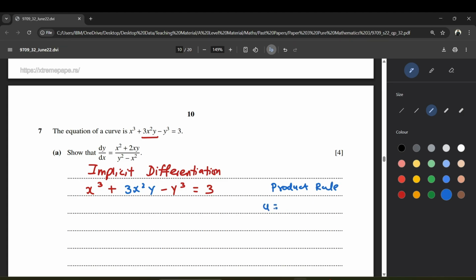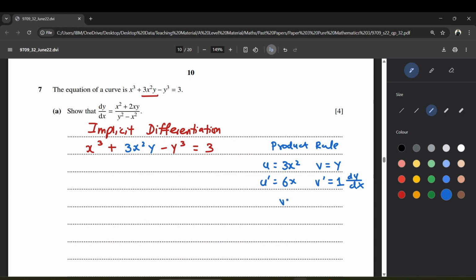Let's say that u is equal to 3x squared and v is equal to y. So u dash will be equal to 6x and v dash will be equal to 1 dy/dx, because we are differentiating with respect to x, so we have to put dy/dx at the end. And this comes from the chain rule.